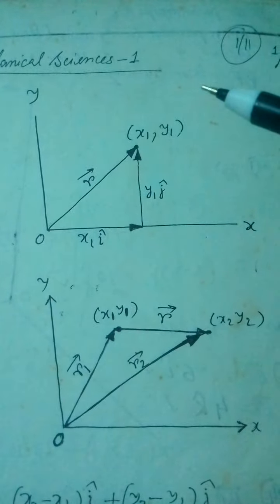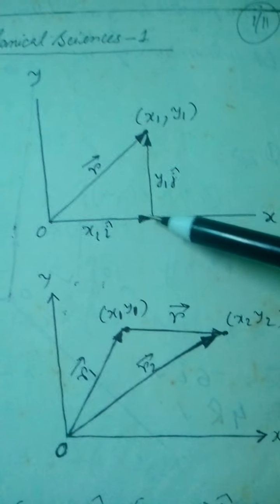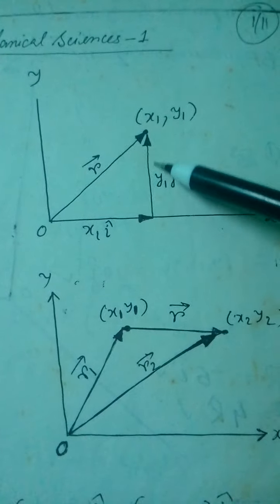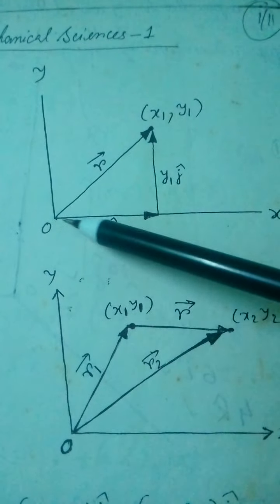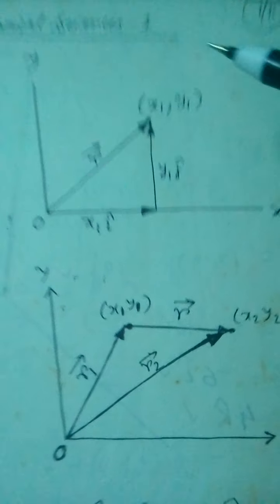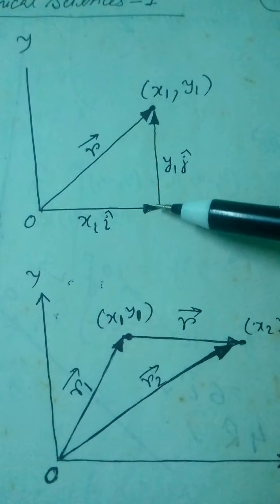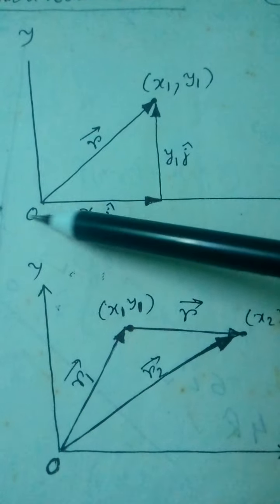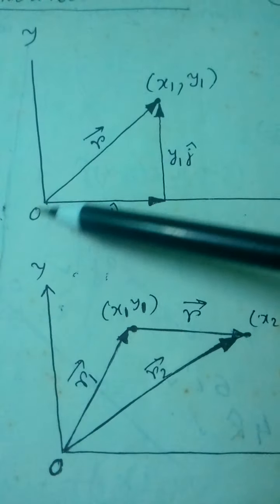Here we have taken the two dimensional. So this is x1i, this is y1j. So if you add this plus this, it would be equal to this vector.